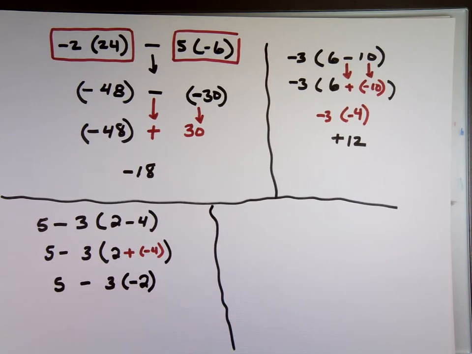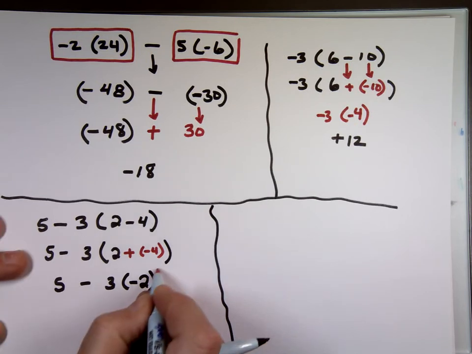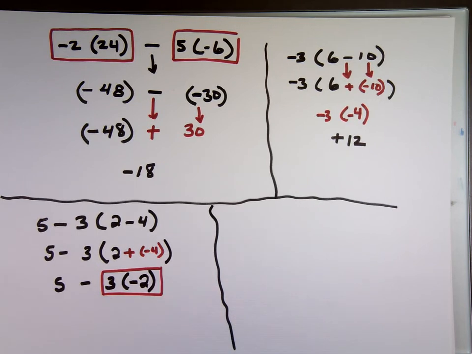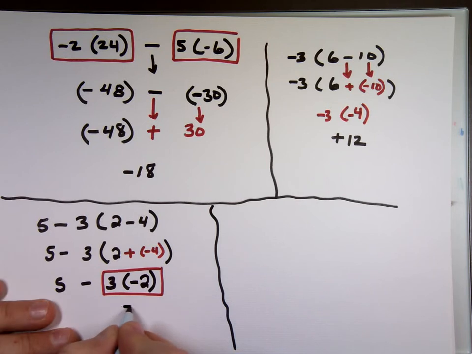So we did the parentheses. PEMDAS, parentheses done. No exponents. Any multiplications or divisions? Right there. You have a multiplication. Positive times a negative. Negative 6.